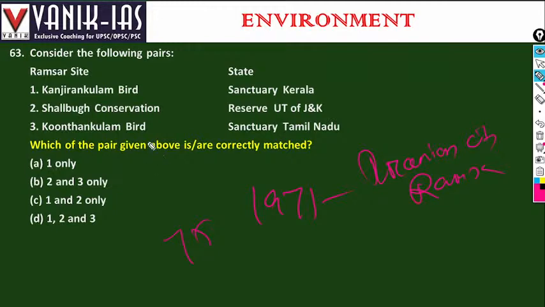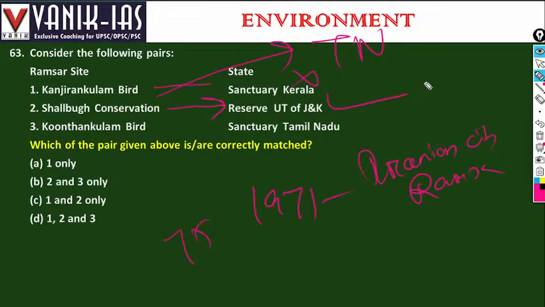This Kanjirakulam bird sanctuary is not in Kerala, it's in Tamil Nadu. Then Salvo conservation, that is in Jammu and Kashmir. Yes, it's true, Jammu and Kashmir. Next is Kuntakulam bird sanctuary.